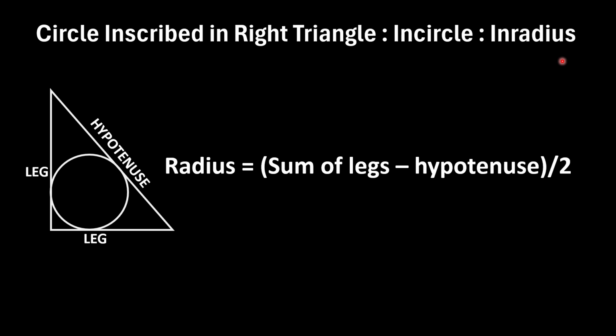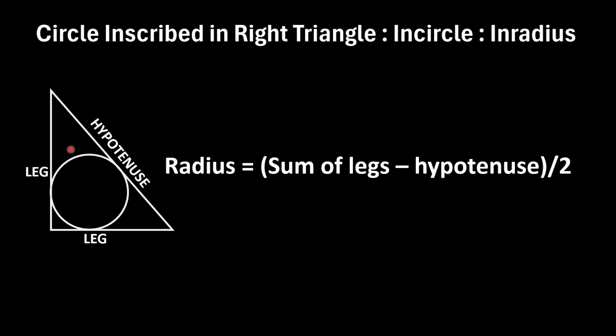Inradius means the radius of the incircle. So the circle is inside the right angle triangle, so it is called inscribed. A circle inscribed in a right angle triangle is called an incircle, and its radius is the inradius.